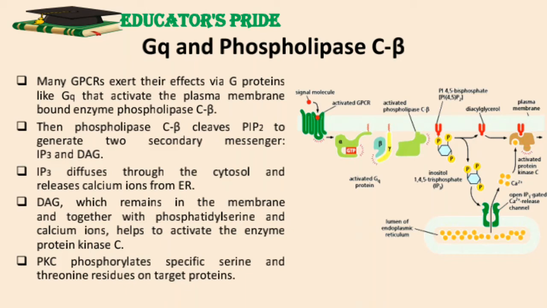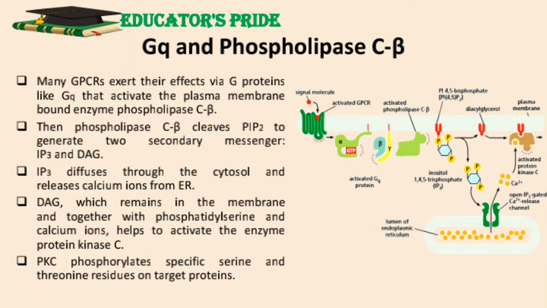IP3 acts to release calcium ion from the endoplasmic reticulum by binding to receptors that are ligand-gated calcium ion channels. As a result, cytosolic calcium ion levels increase, which affects the activities of a variety of target proteins, including protein kinases and phosphatases.